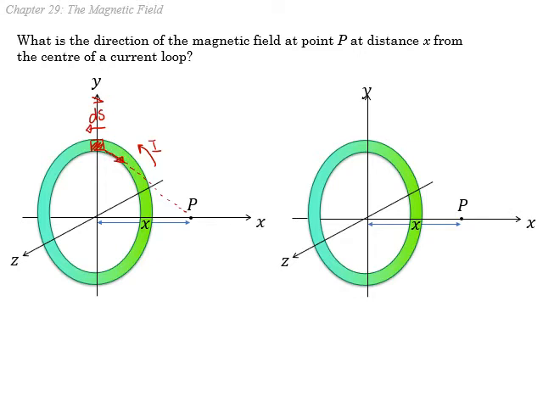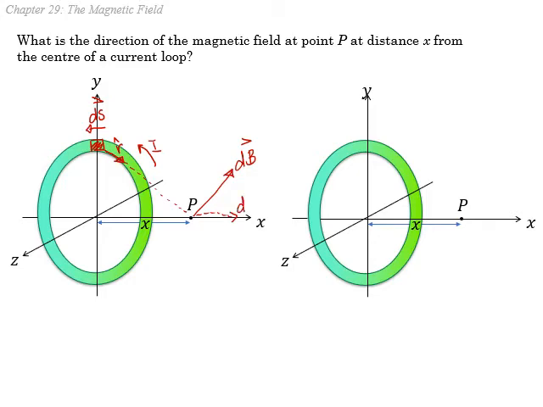So there's my direction of r hat. I do my right-hand rule, and I find that my magnetic field due to that little ds points partly in the x direction and partly in the positive y direction. So up and right. So there's the little bit of magnetic field made by that little element of the wire.